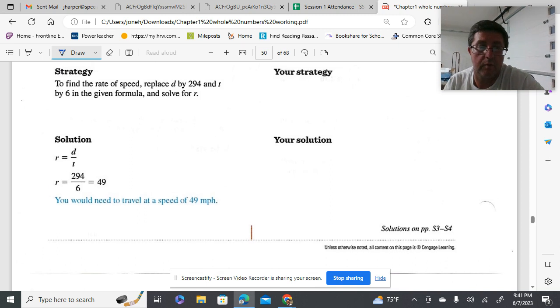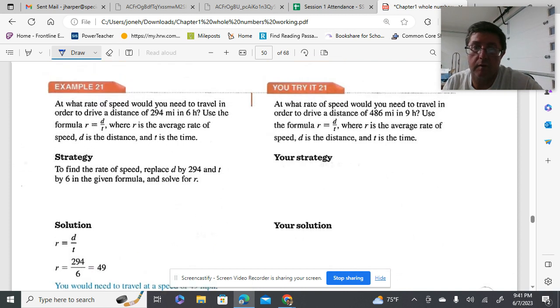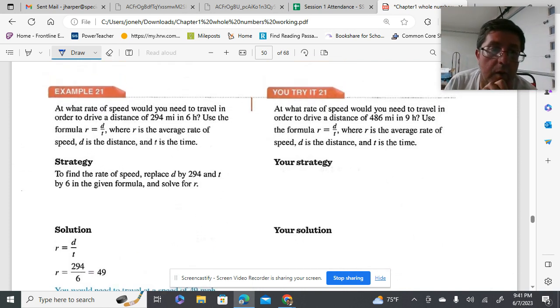Solution, R equals D divided by T. What is that asking for? Right there is, at what rate of speed would you need to travel in order to drive a distance of 294 miles in 6 hours?